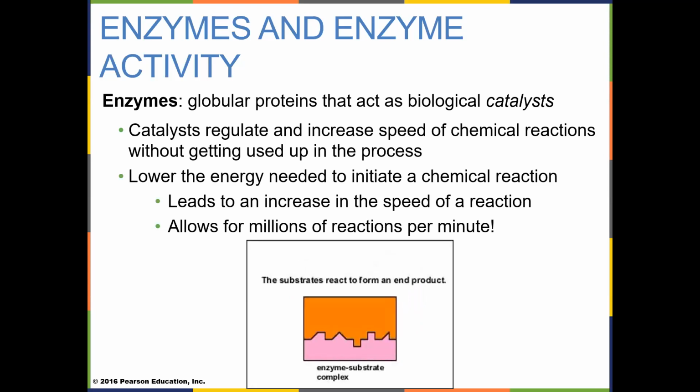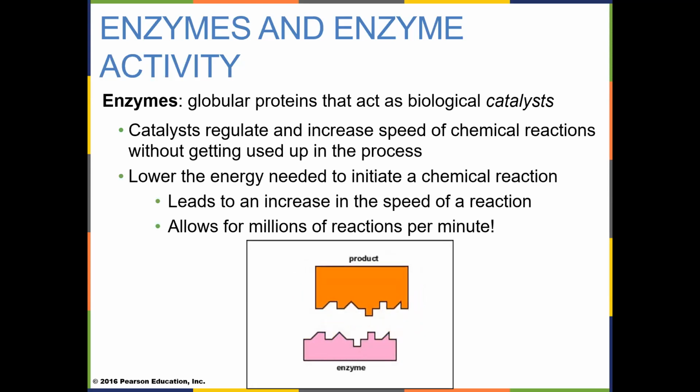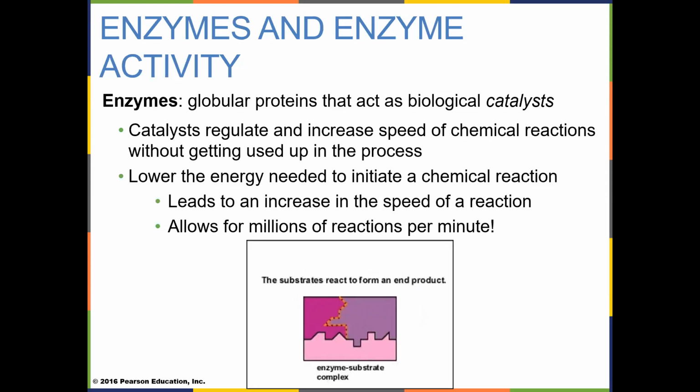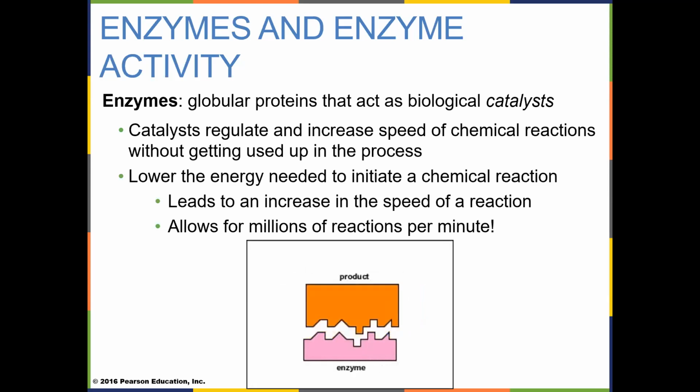The enzyme doesn't get changed or altered by this reaction. So instead of having a handful of reactions per minute, we can get millions of reactions per minute. So it's our workaround around the limitations of temperature and particle size and concentration. In other words, it lowers the amount of energy necessary for a chemical reaction to occur.